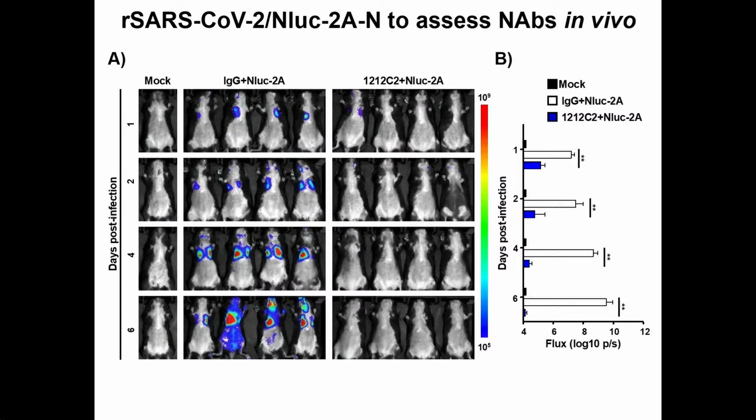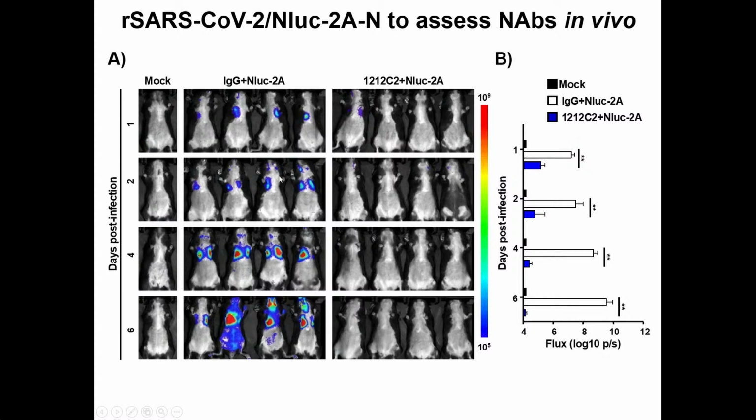So, again using the transgenic mouse model, we treated mice with either this neutralizing antibody, 1212C2, or the isotype control IgG, then infected them with the reporter virus expressing nanoluciferase, and assessed viral replication using this in vivo imaging system at days 1, 2, 4, and 6 post-infection.